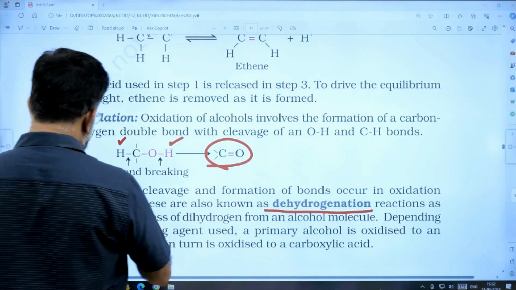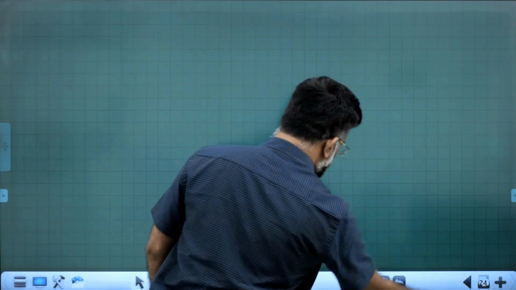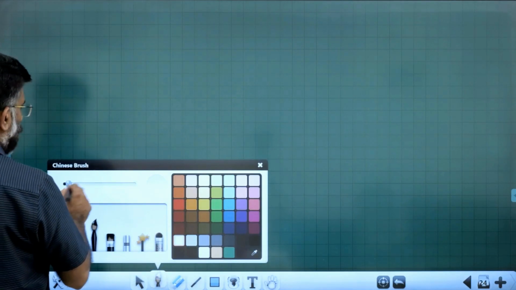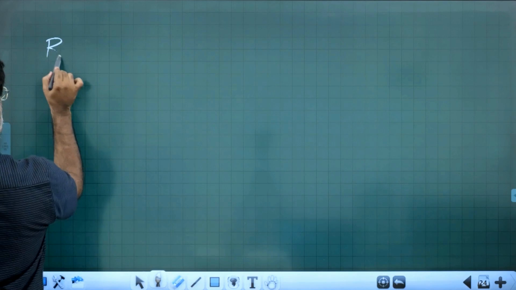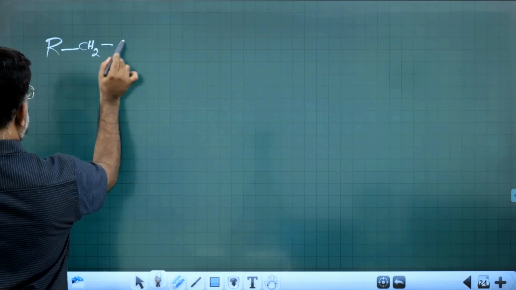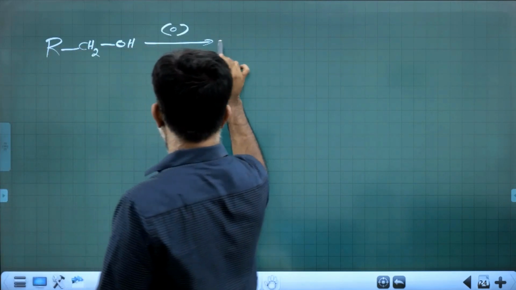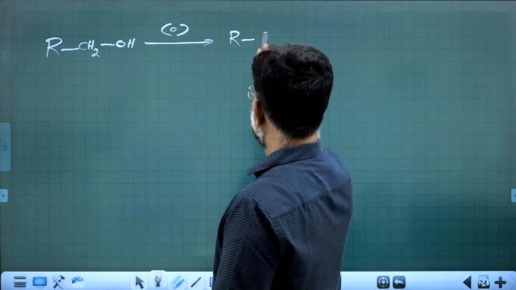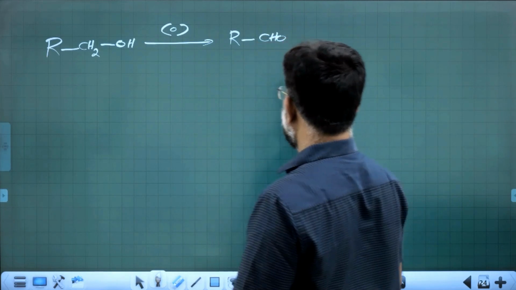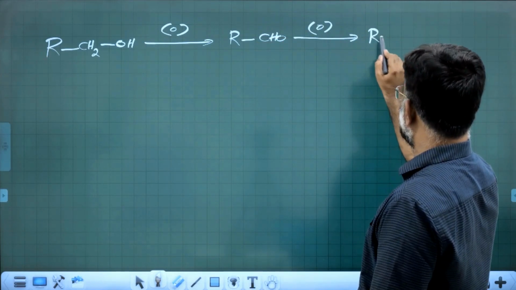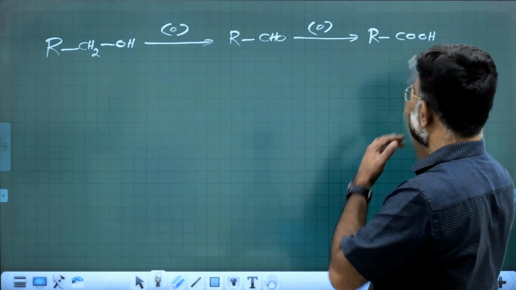RCH2OH undergoes easy oxidation, you get RCHO, aldehyde, which again is easily oxidized to carboxylic acid.